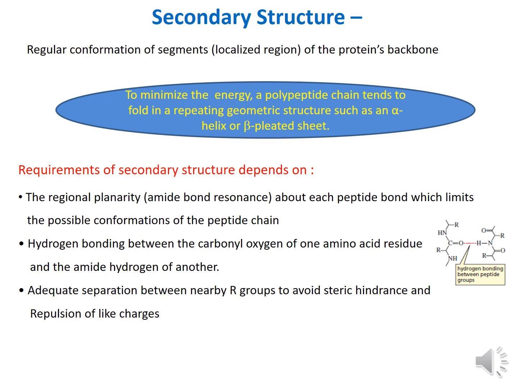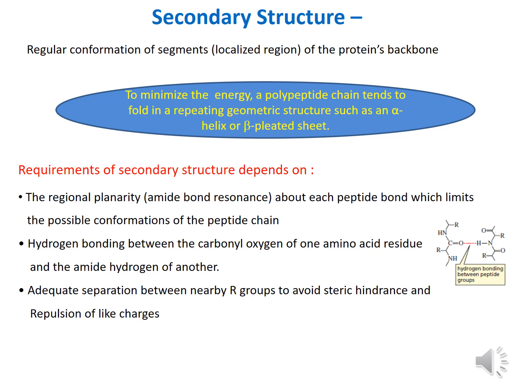This is very important because the hydrogen bonding takes place between the CO group, the C double bond O, and the NH group of amino acids. Therefore the regional planarity plays a major role in that, about each peptide bond, which limits the possible conformations of peptide chains.